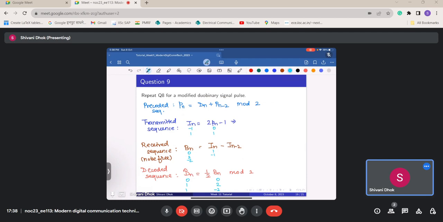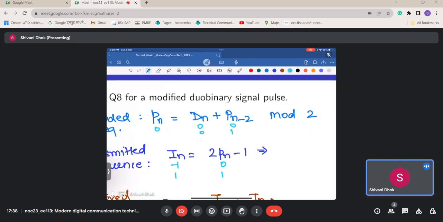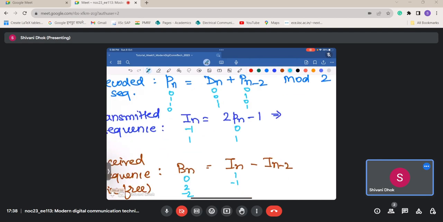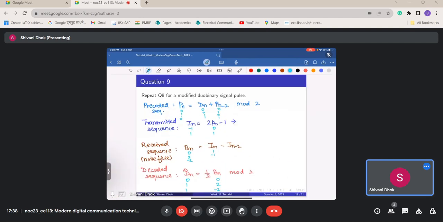Quickly, 0 0 gives 0, 0 1 gives 1, 1 0 gives 1, and 1 1 gives 0. This is nothing but a simple XOR operation.